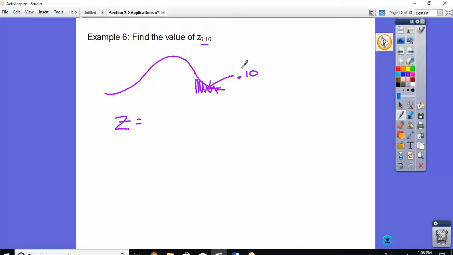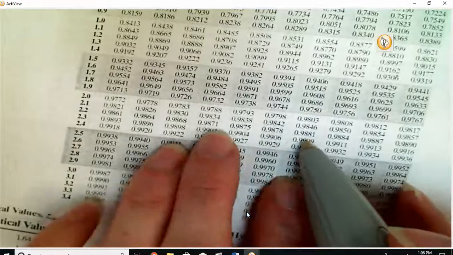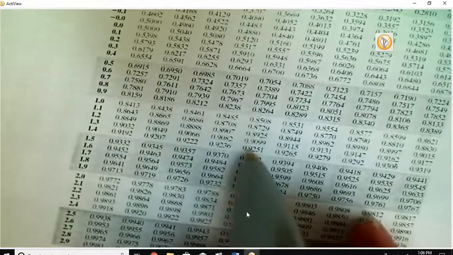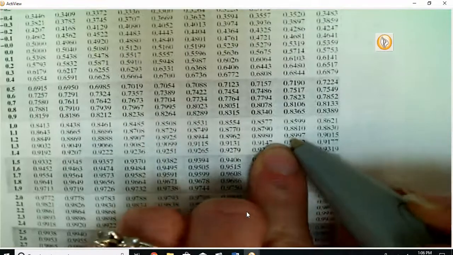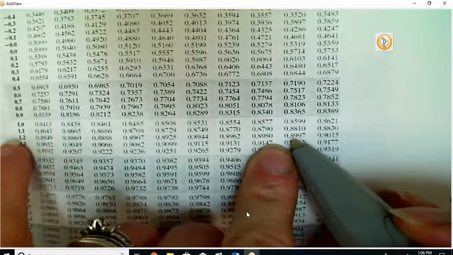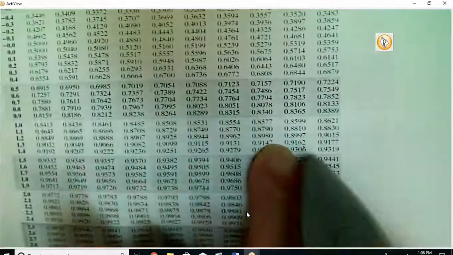If this is 10%, then my actual area to the left is 90%. So I am looking on my table when my area is 0.9. So you have to look inside the table. The 0.8997 would be closest, because the other one is 0.9015. So closest we can get to 0.9 is 0.8997, and that happens when Z is 1.28.